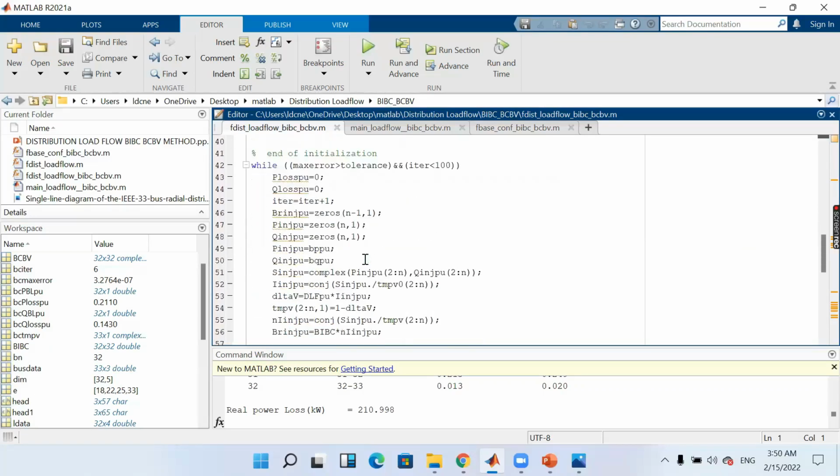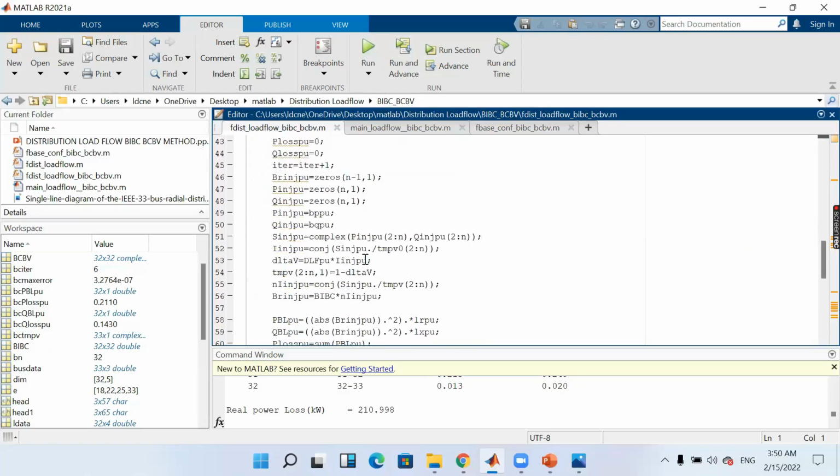Then we just have to find the complex power injected at each bus in PU. That can be found by complexing P and Q PU.